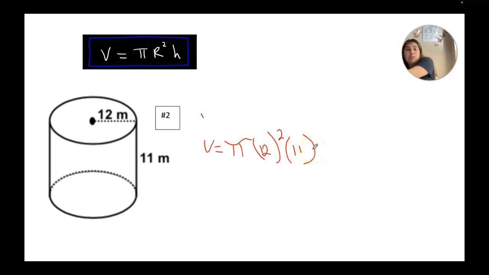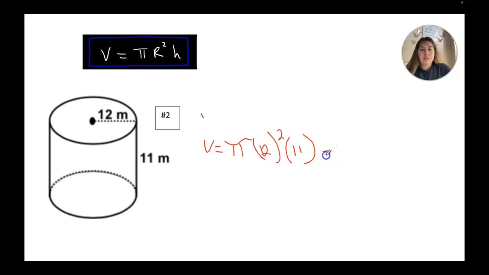So we're just going to plug that into our calculator since we already have the formula. 12 squared times 11 is equal to 1,584.